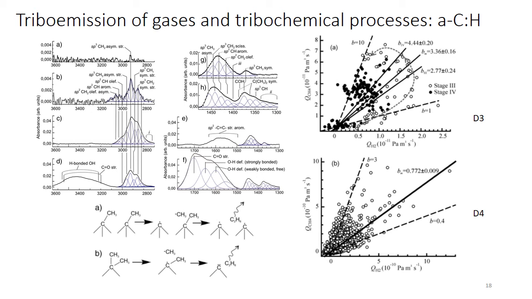And this corresponds well with FTIR analysis of the samples, which shows us that in the case of this D4 sample, we have a high concentration of methyl group and also of chain methylene group. This means that we have a more polymeric structure of the coating than in case of D3, where we have higher contribution from sp2 carbon.